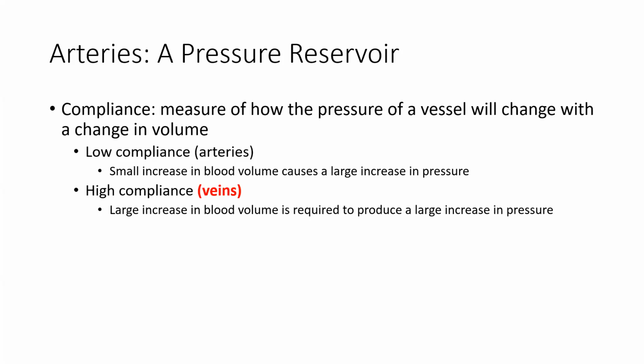So arteries: low compliance, high elasticity, small changes in volume generate large pressure differences, whereas our veins are going to be the opposite. They're highly compliant, highly obedient is what I like to describe it as, low in elasticity, and so it's going to take a large amount of volume to generate large pressure differences.